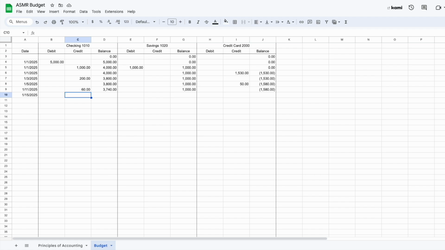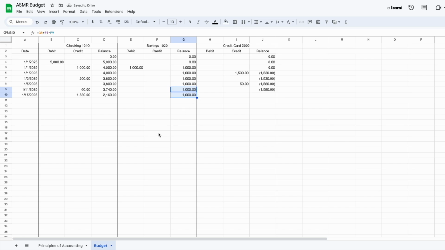In this case, as in most any other, you'll pay it out of your checking account. Fortunately, you haven't incurred any interest on your credit card, so you only need to pay $1,580. Click, drag.